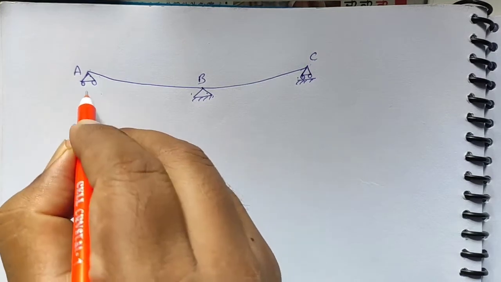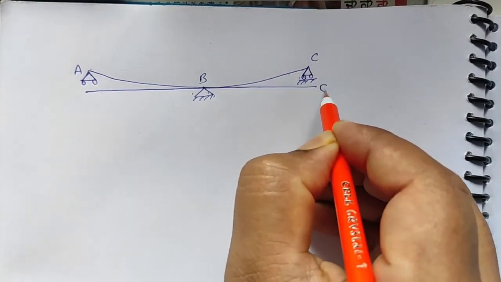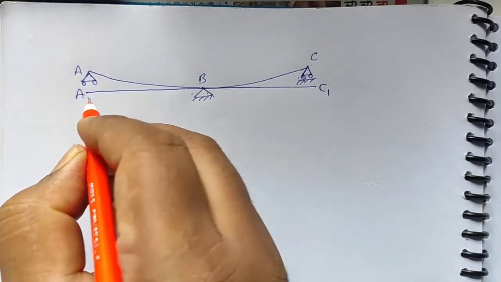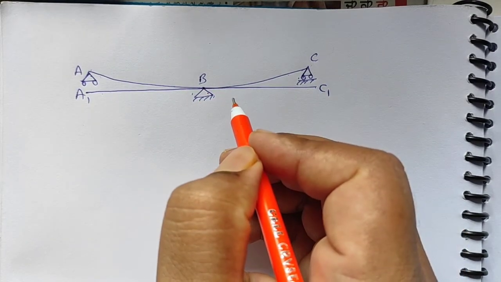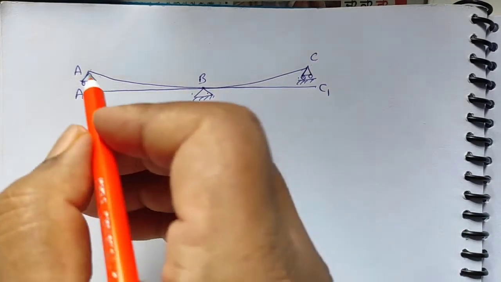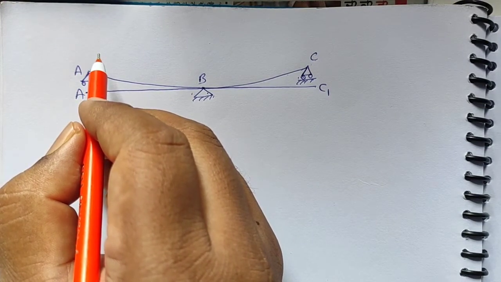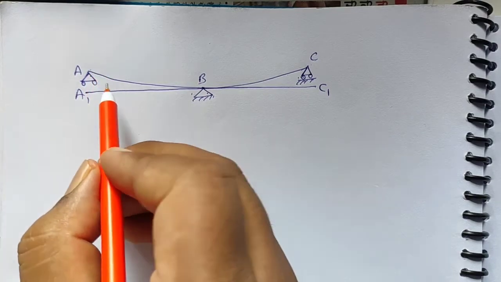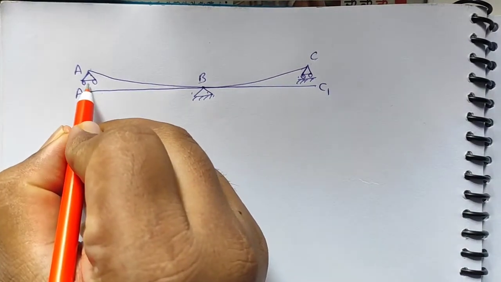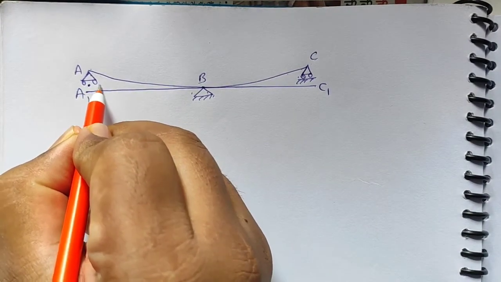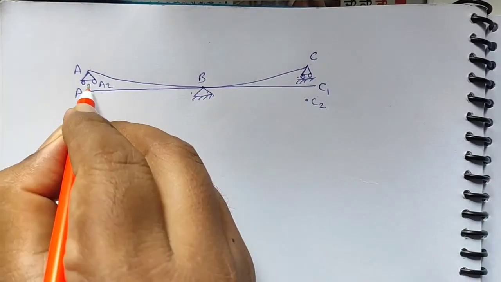Here we draw A1, B, C1, which is a horizontal line through B, and again A2, B, C2, which is a tangent to the elastic curve through B as shown.